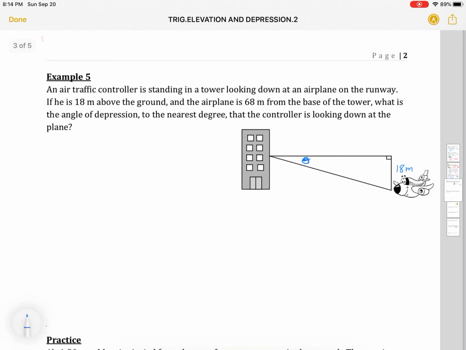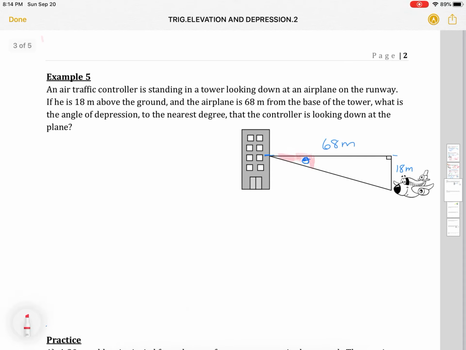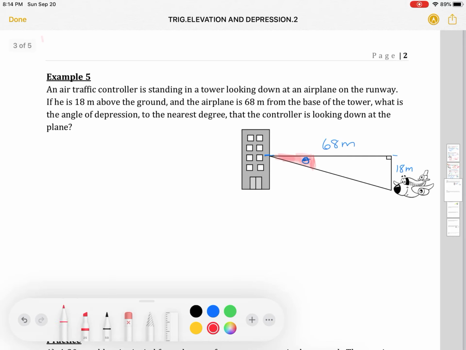Because he's looking down at that airplane. He's 18 meters above the ground, so 18 meters. He must not be at the top of the tower. He's halfway up the tower standing there. Okay, but he's 18 meters up. And the airplane is 68 meters from the base of the tower. So that's that big long length.